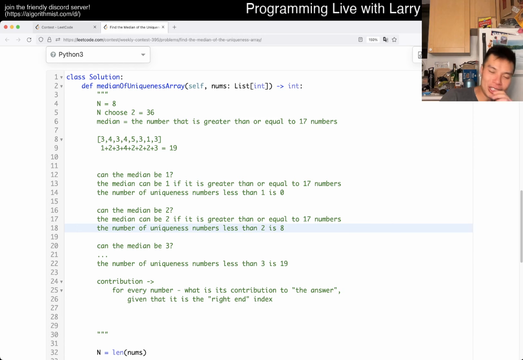You could think about it in a couple of ways, but the way I would say it is that if 8 numbers are less than 2 and 19 numbers are less than 3, then the 9th number, the 10th number, the 11th number, all the way to 19 are going to be 2s. And of course that includes the numbers that are less than or equal to 17 or whatever, right? 18 or whatever. So that's basically the idea.